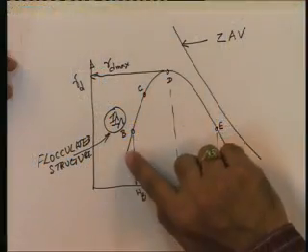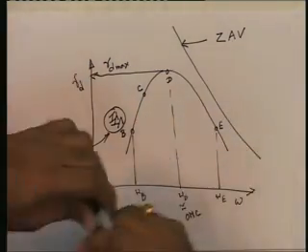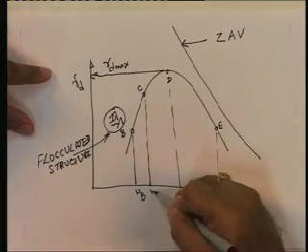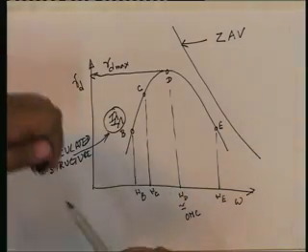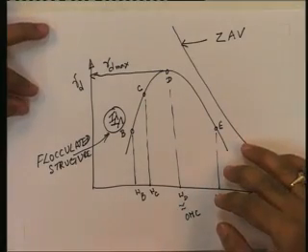So, this is at this point. Now, when you progress along this curve, if you add a little amount of water, more than Wb, then you are supplying more water to the soil.